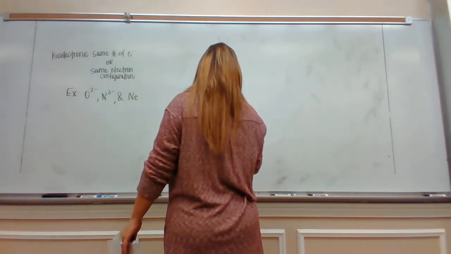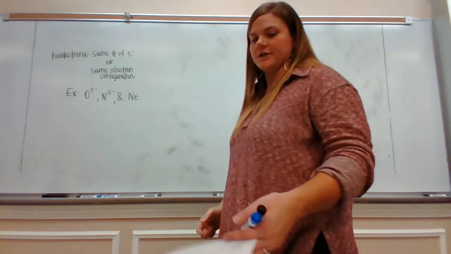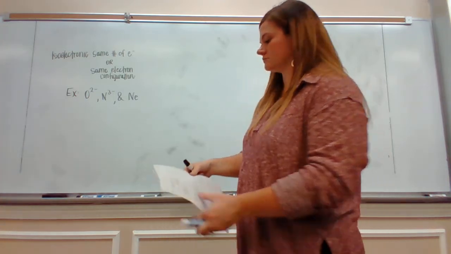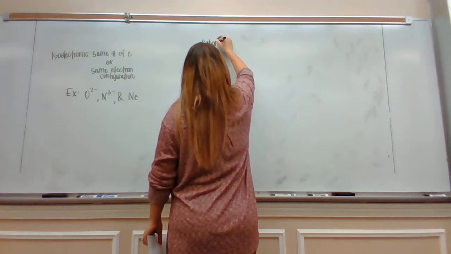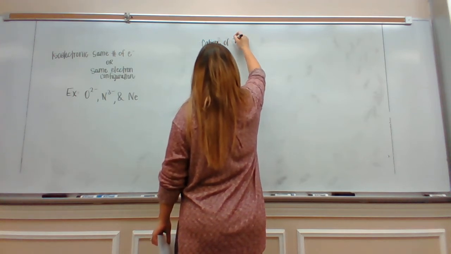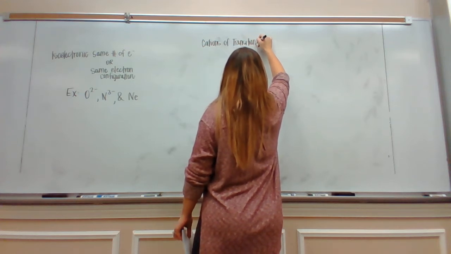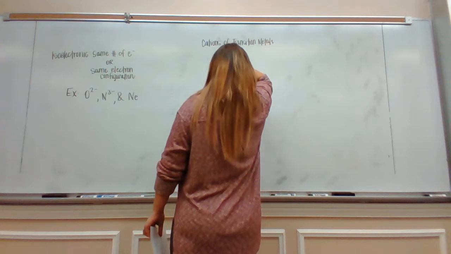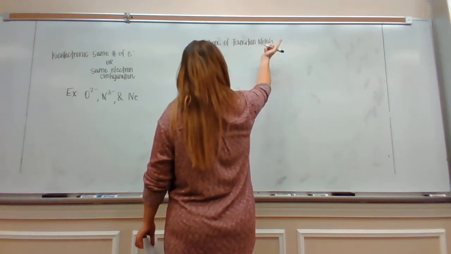All right, now let's talk about transition metals. It's not much. All right, so I said a minute ago that metals always form cations. So transition metals always form cations because they are metals.